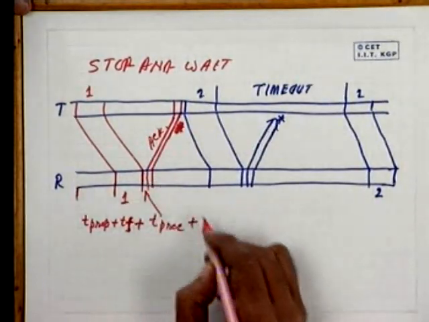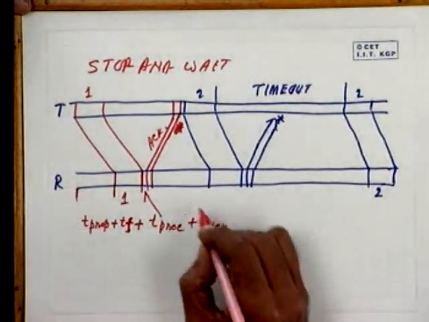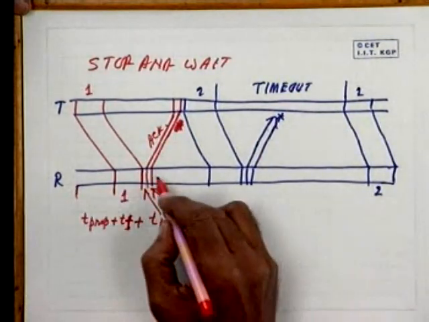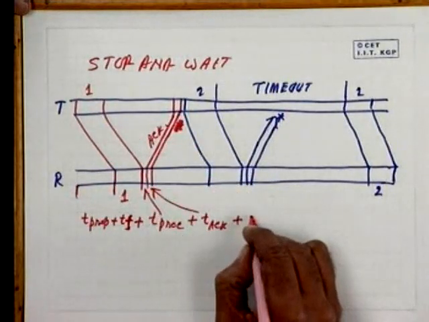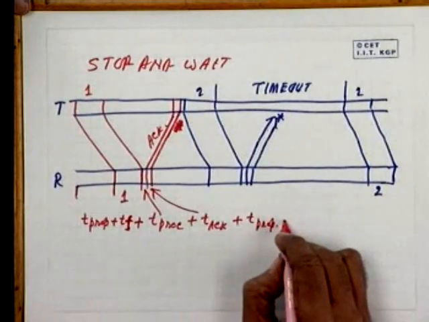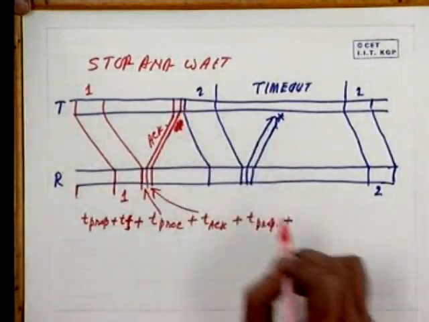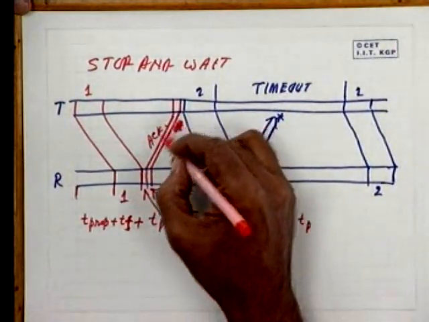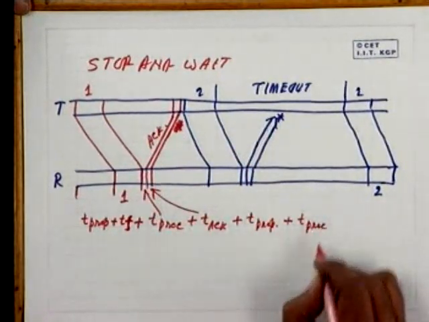Plus, there is some time required to send the acknowledgement frame. This is the time required to send the positive acknowledgement, and again there is a propagation delay to send the acknowledgement frame. So T prop, propagation, and after that the sender will take some time for processing, to detect whether it is an acknowledgement or a negative acknowledgement. So another processing time.